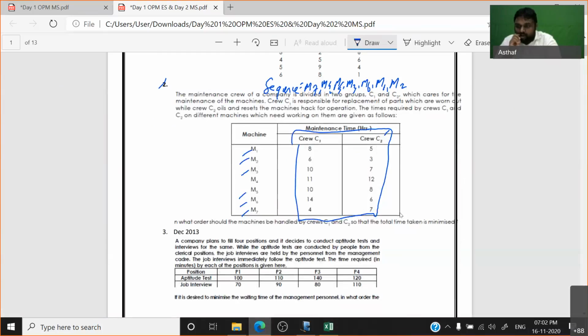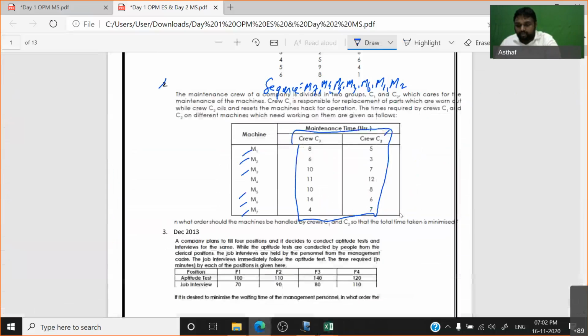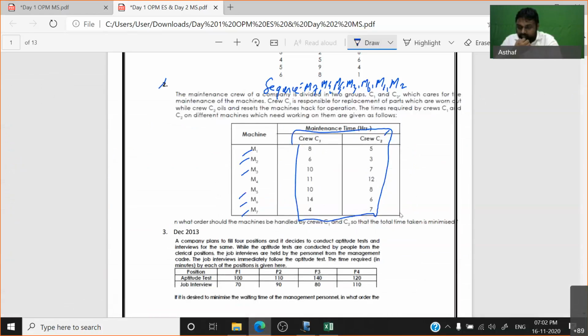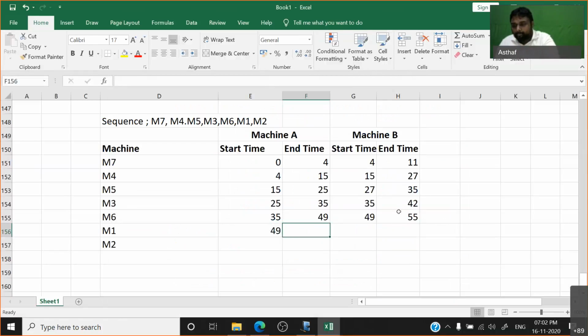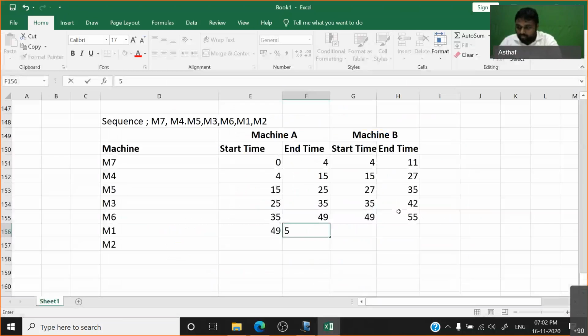35, 14, which will have 49. 49, 55. 49, 57.